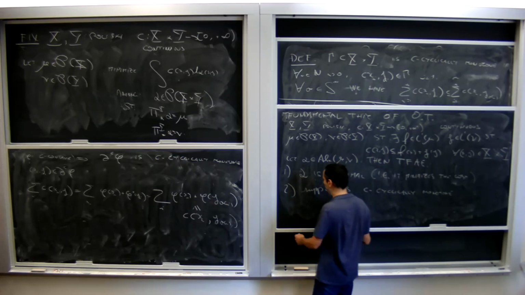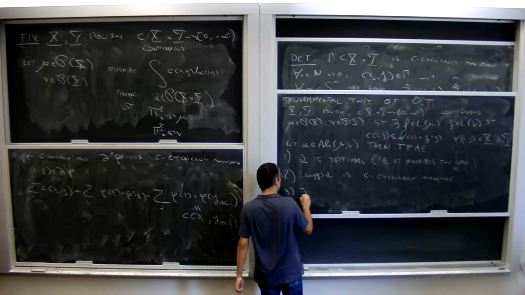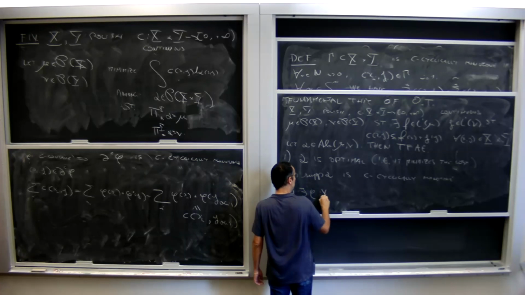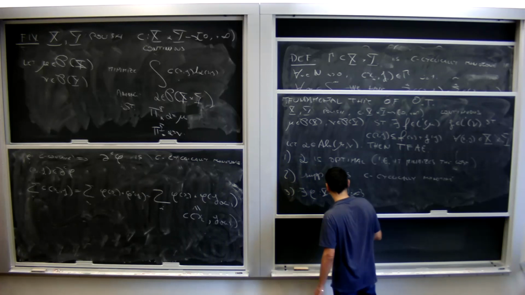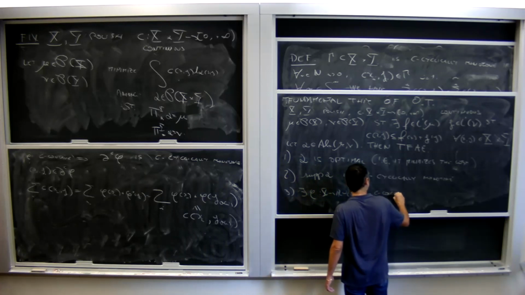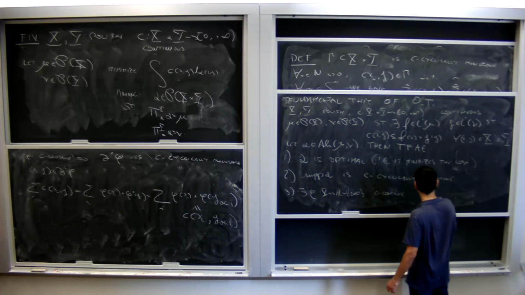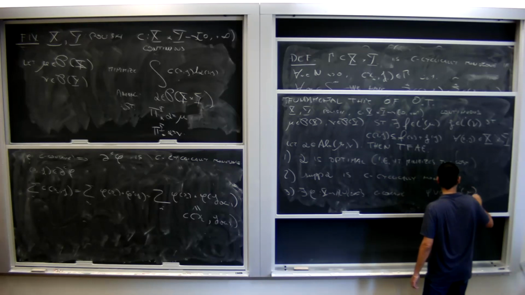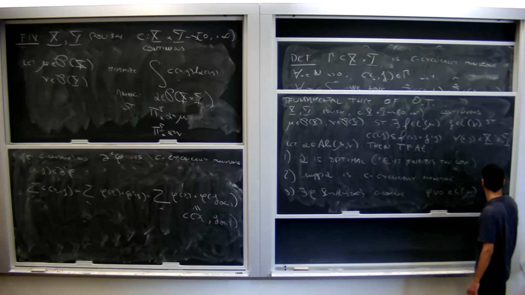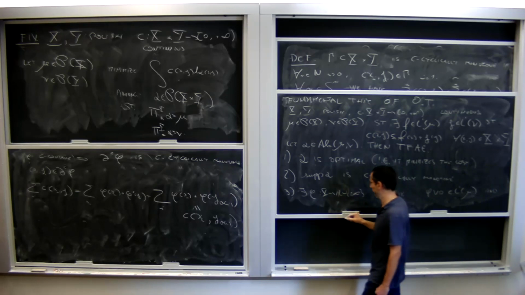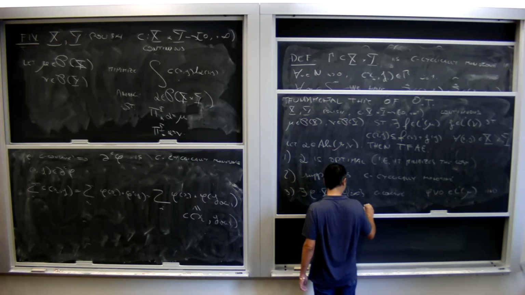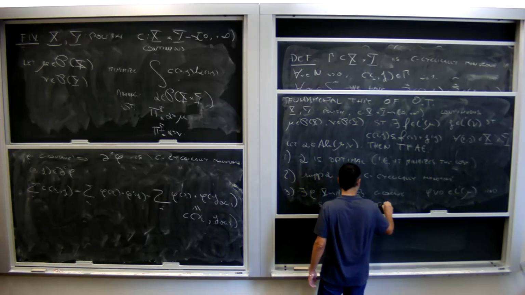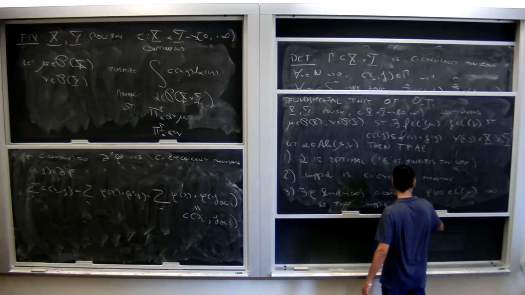I've read the statement and then I comment on it. Third, there exists phi from X to R, possibly plus minus infinity, C-concave, such that the positive part of phi is in L1(mu), and so that the support of alpha is contained in the C-superdifferential of phi.